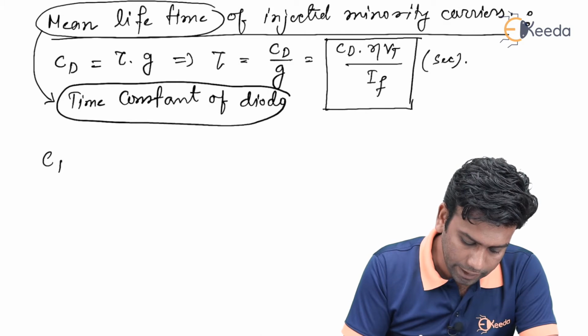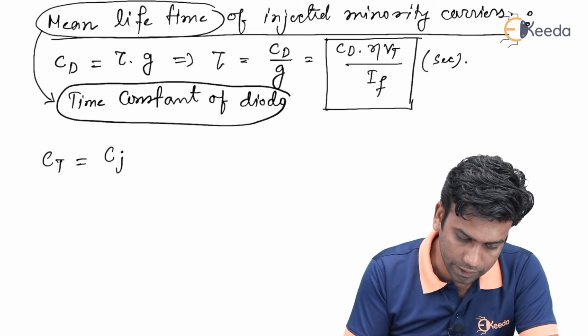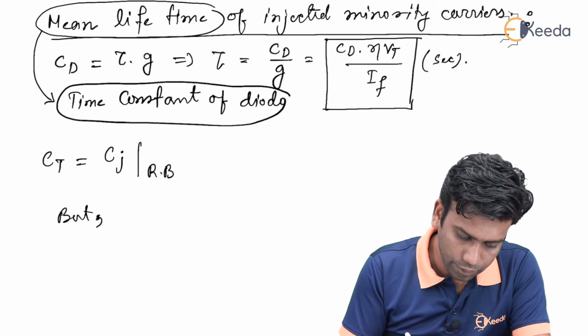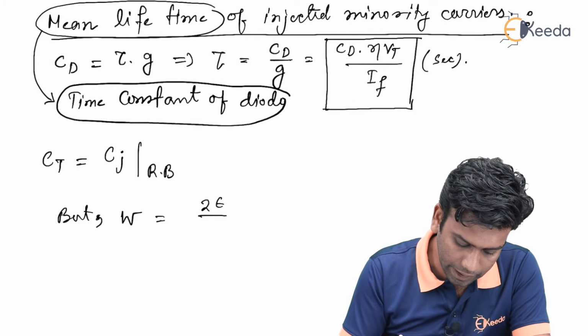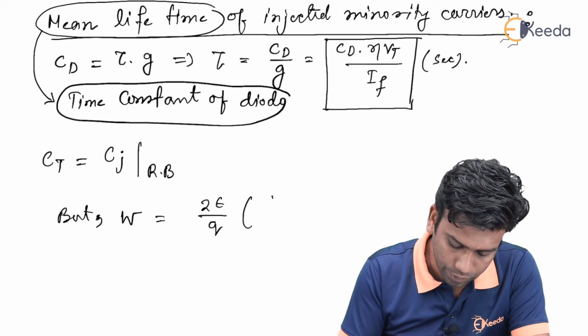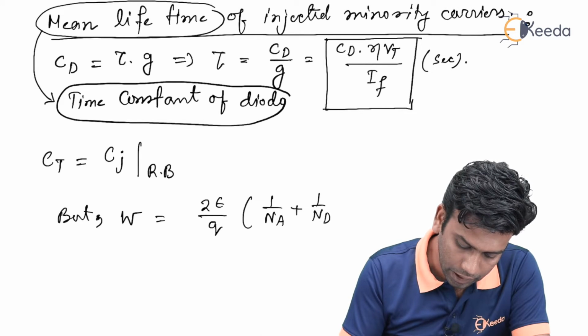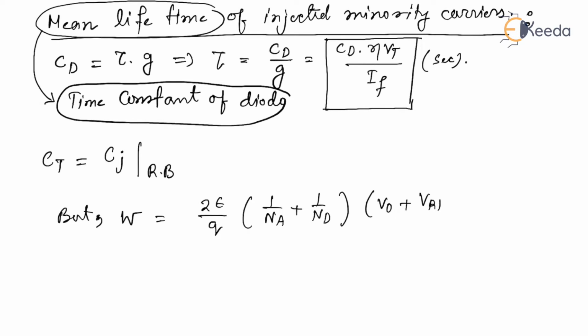So, we can say that CT value is nothing but the junction capacitance in reverse bias, but we know that W is equal to the square root of 2 epsilon divided by q, into 1 by NA plus 1 by ND, into V0 plus VRB.